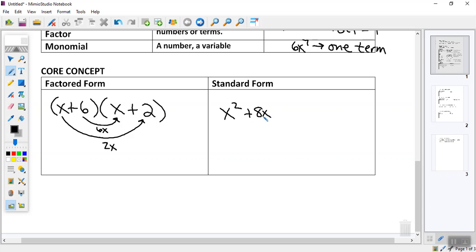And then help me do the last part. We did the first x and x. I do the inside, outside underneath there. What's the last part? It's going to be the 6 and the 2, in other words. 12. Okay. Guys, when I FOIL this out, go in this direction right here, we go from factored form to what?